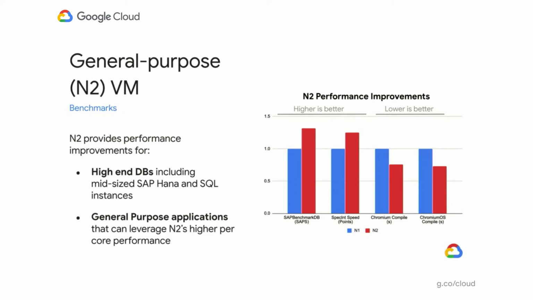And over there, we can see 30% higher SAPs compared to comparable VM types. When we look at benchmarks like Chromium Compile, you can see that you're achieving approximately 25% improvement in build time, a great example of the benefits that you can see with N2 VMs for many of your applications.